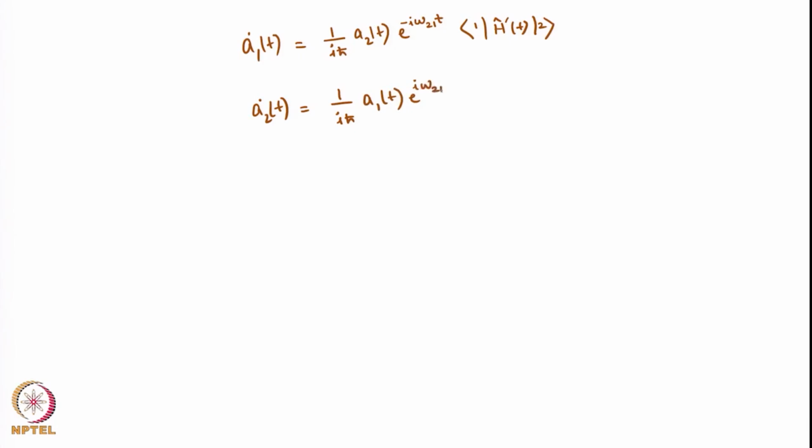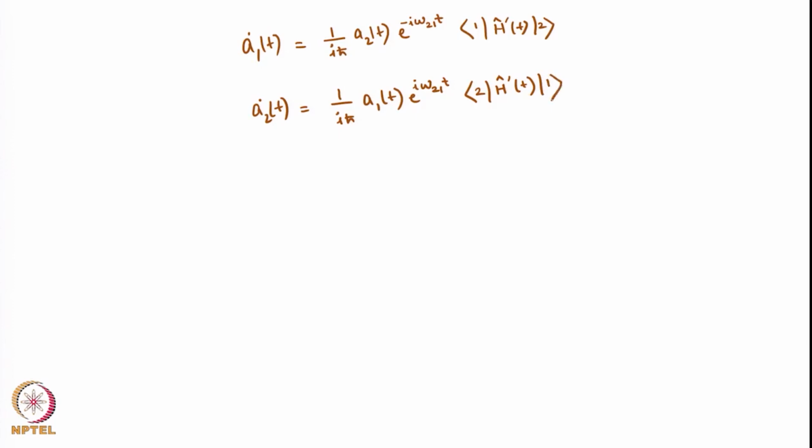A1 dot t equals 1 over i h bar A2 t e to the power of minus i omega 21 t 1 H prime of t 2, and A2 dot t is equal to 1 over i h bar A1 of t e to the power of i omega 21 t 2 H prime of t 1.